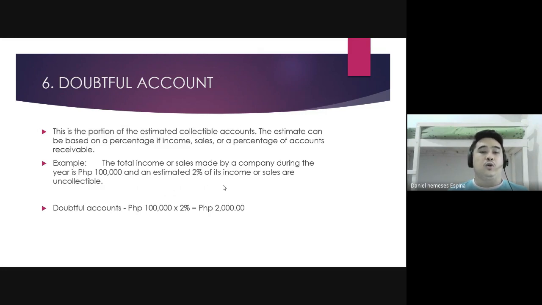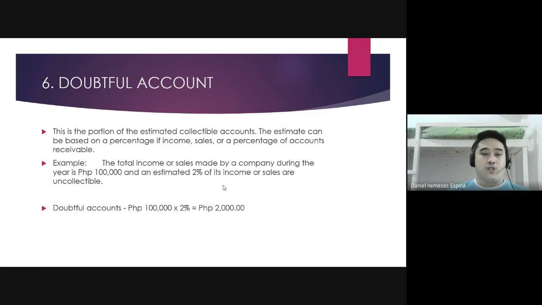So kailangan atong i-estimate kung pila ra gyud atong makolekta ug pila kasagaran ang dili mamayad. Okay? Ang estimate nimo nga dili mamayad, that's what we call doubtful accounts.